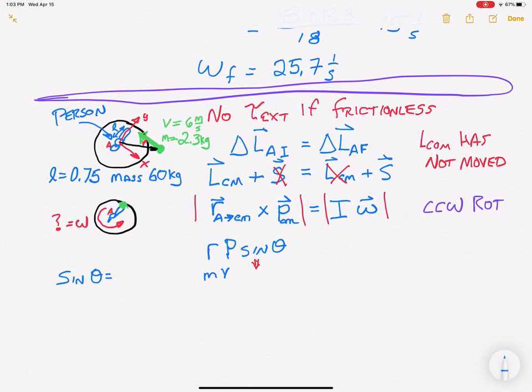Sine of the angle is going to be composed of the side opposite, which is just going to be L over the hypotenuse, which is our R. So my sine theta comes in over here as L over R, and I haven't yet multiplied this by R. So nicely, this side of the equation, we're going to see the R's cancel, and I'm going to wind up with mass, the momentum, times the length of the person's arm.